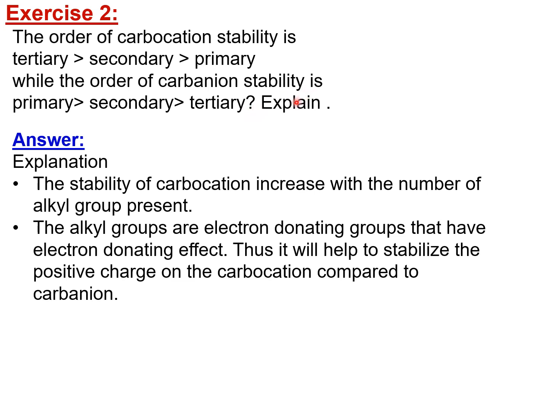Okay, so first thing first, when you want to explain this kind of thing, you have to relate it dengan point yang melibatkan R. R ni adalah alkyl group. Alkyl group ni ialah electron donating group yang mempunyai electron donating effect. Dia macam ada aura menderma, menderma elektron. So dia macam seorang yang pemurah begitu.